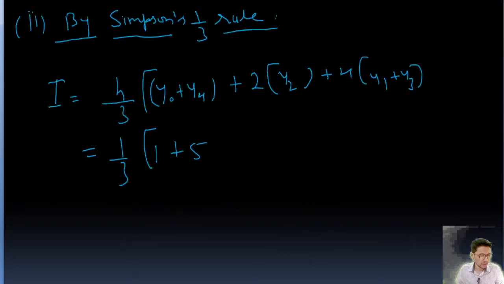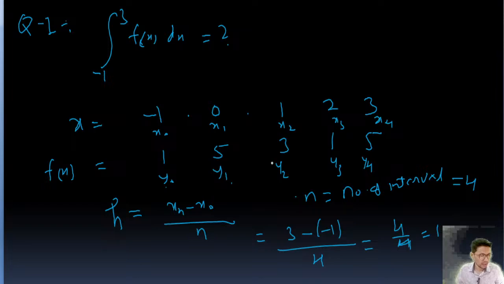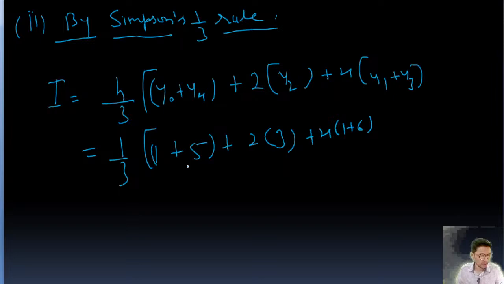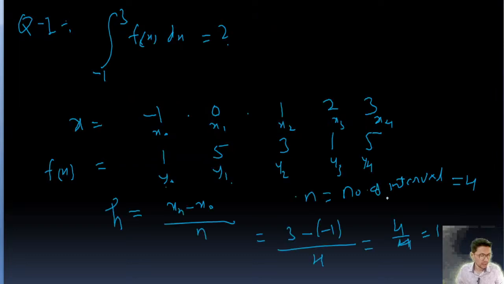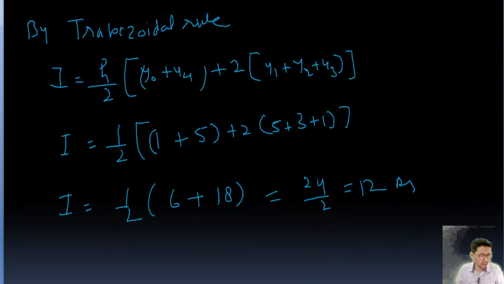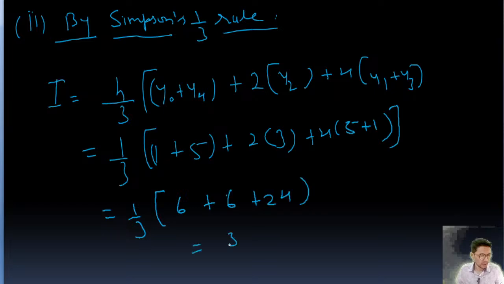So these values are going to be this, plus 2 into y2, y2 value is 3. And y1 and y3 is 1 plus 5, guys. y3 is 1, and y1 is 5. 5 plus 1, right? 36 upon 3 means 12. This is also giving the same answer, right?